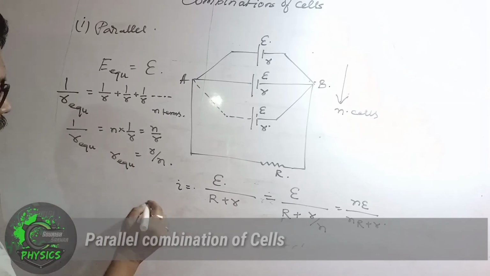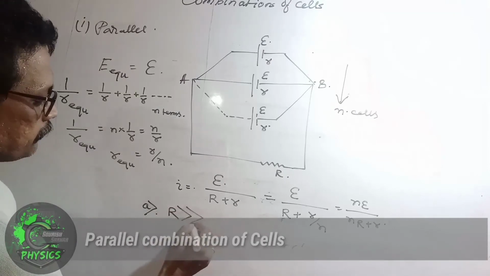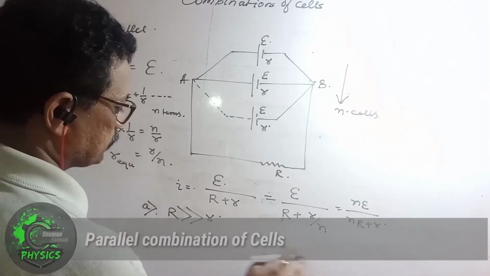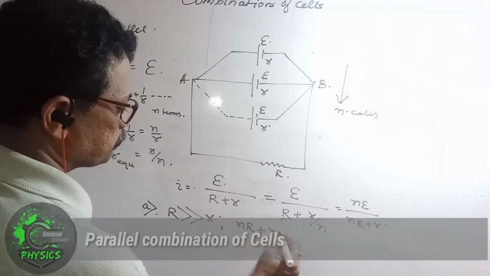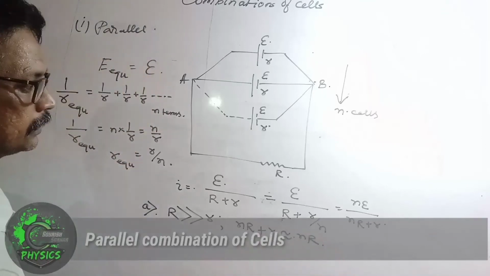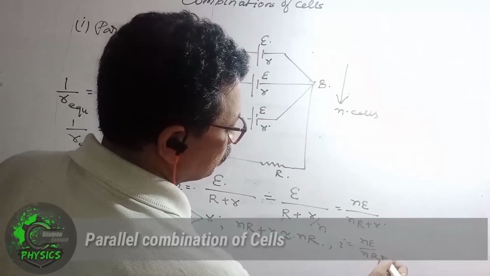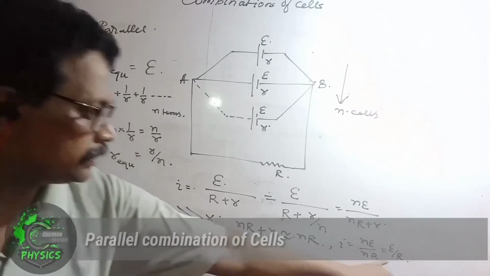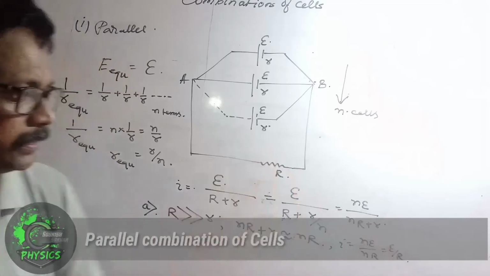Now again we discuss two cases. First case, if the external resistance is very much larger than internal resistance, then nR plus small r is nearly equal to nR, and I is equal to nE by nR, which is equal to E by R. So is that a disadvantage or advantage? It is a disadvantage, because you have connected n cells, but you are getting only the current drawn from one cell.